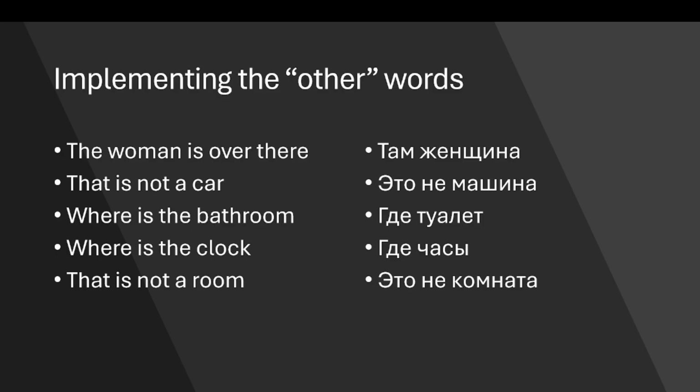We're going to say "the woman is over there." How you say that in Russian is you just say "over there, woman." Там женщина. Okay, so let's break it down logically. We see right here, I'm going to use my mouse to point it out, "the," remember that doesn't really exist in Russian.